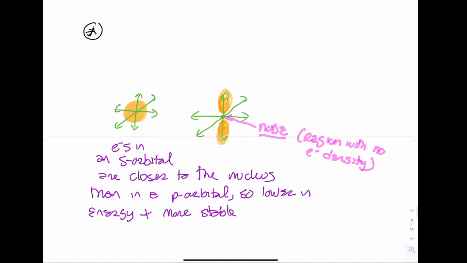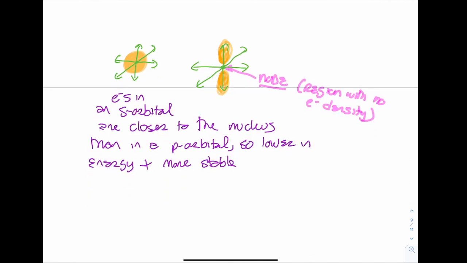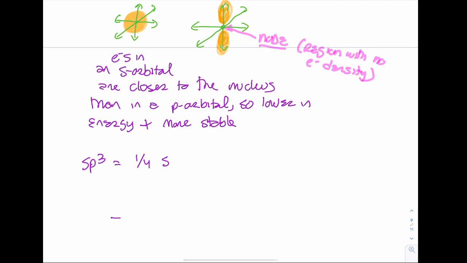So if we remember, when we were talking about hybridization at the beginning of the semester, sp3 orbitals, right? These are 1/4 s. We're taking an s and we're taking our 3 p's and we're combining them so they have 1/4 s character.